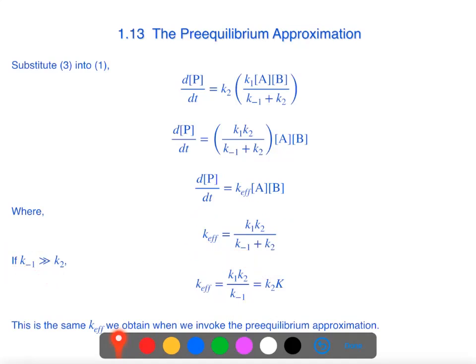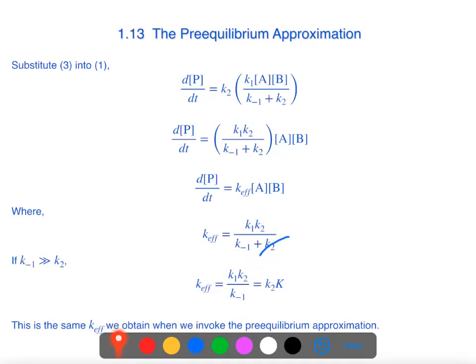So when we state that K minus 1 is much greater than K2, what we're saying is that in the denominator, this term is much smaller than the K minus 1 term. As a result, we can make the assumption that this is going to be our effective rate constant under those conditions. Now note that I canceled off K2 relative to K minus 1, but that doesn't delete K2 from the numerator.